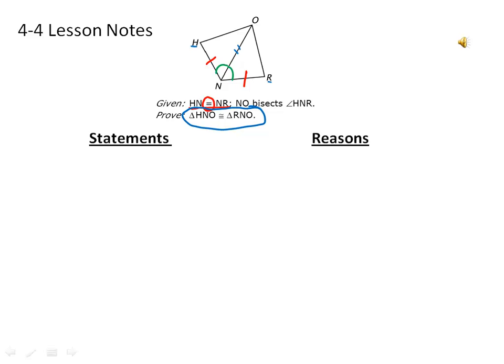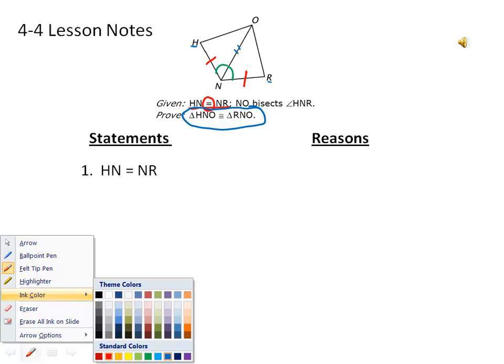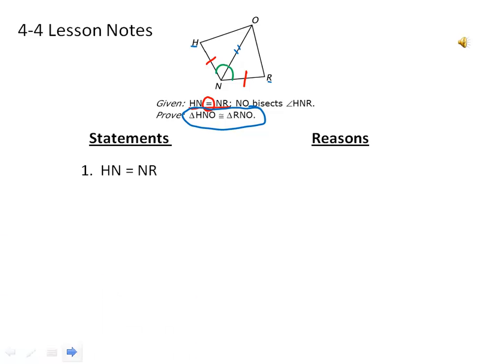So how do we start this? Well, let's start with the givens. They gave us that HN equals NR. So that's given. So we just put that's given. All right. They gave us another one too. NO bisects angle HNR. And that's also given.